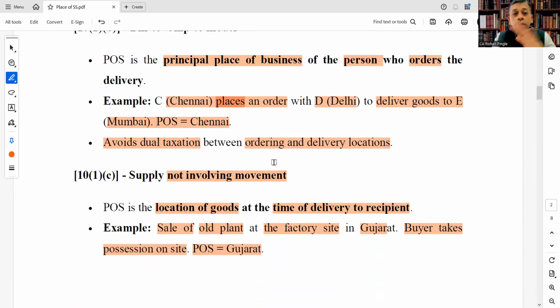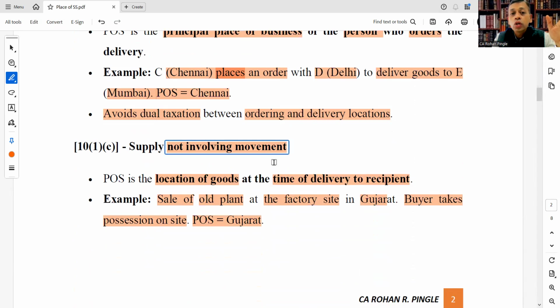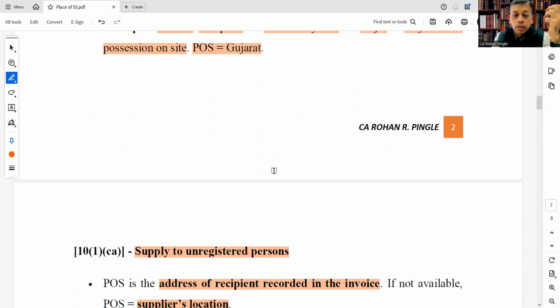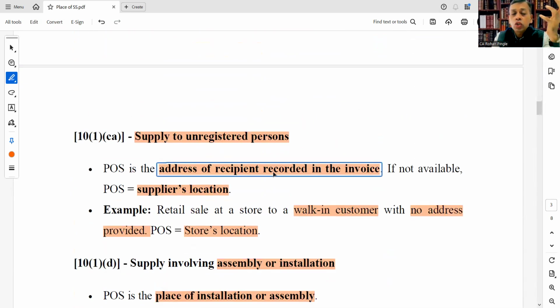Clause C, not involving movement, then location of goods. Place of supply will be the location of goods at the time of delivery to the recipient. Sale of whole plant is the simple example. Clause CA talks about supply to an unregistered person. In that case, place of supply would be the address of the recipient recorded in the invoice, and if not available, then the supplier's location.